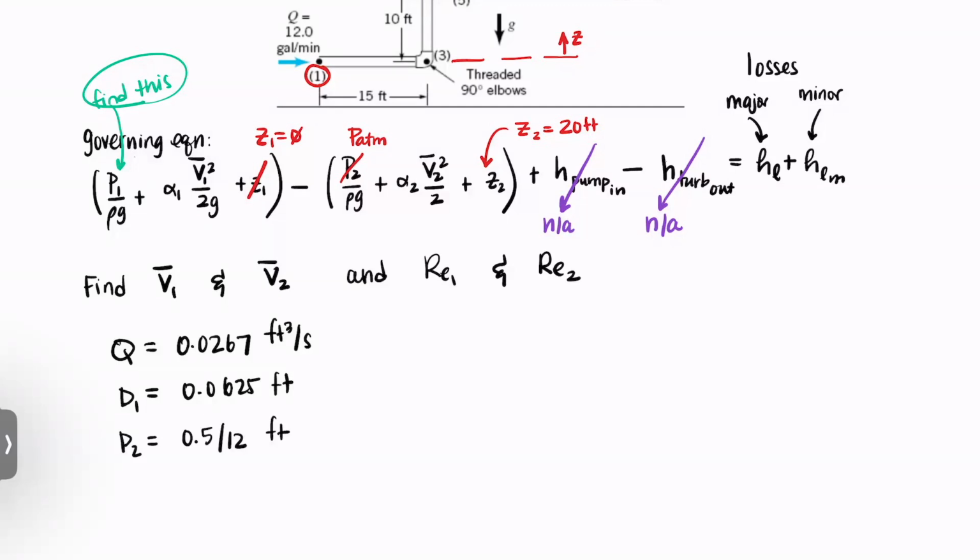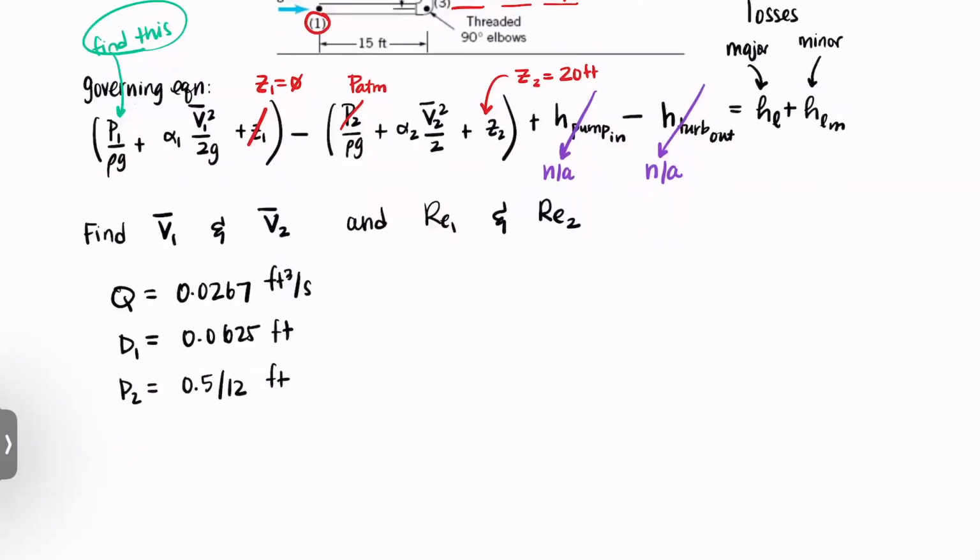All right, so I am going to make use of the fact that Q is equal to V1A1, which is equal to V2A2. So it's just the definition of volume flow rate, right?